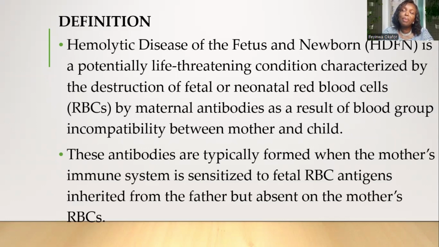Subsequently, these antibodies can cross the placenta and can harm the baby, causing hemolysis and other clinical symptoms that are associated with hemolytic disease of the fetus and the newborn.